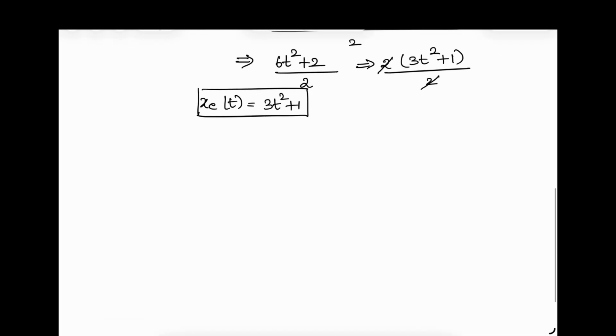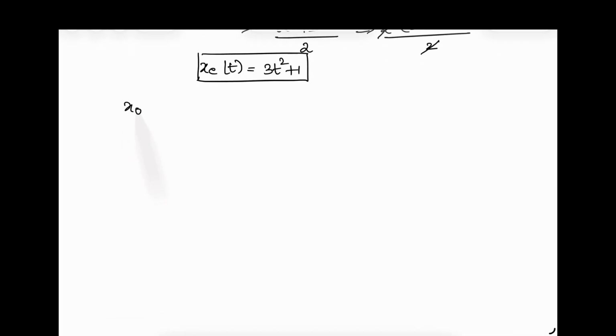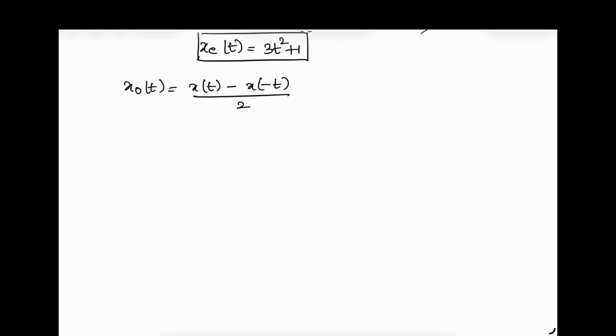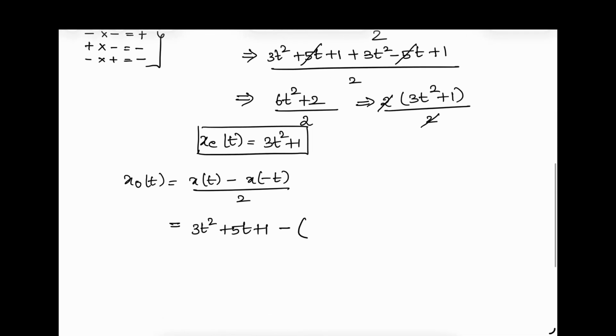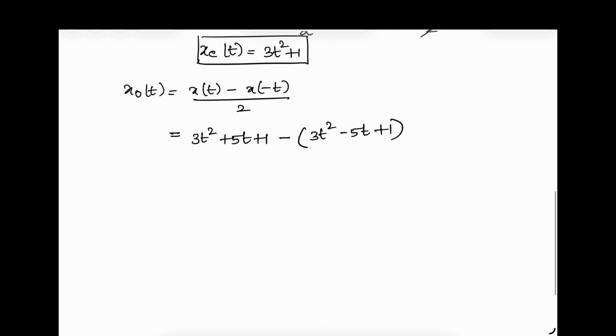Now similarly, I need to find out x odd of t. As we know, x odd of t is x of t minus x of minus t divided by 2. Substituting, we know what x of t is: 3t square plus 5t plus 1, minus x of minus t, which is 3t square minus 5t plus 1, all divided by 2.